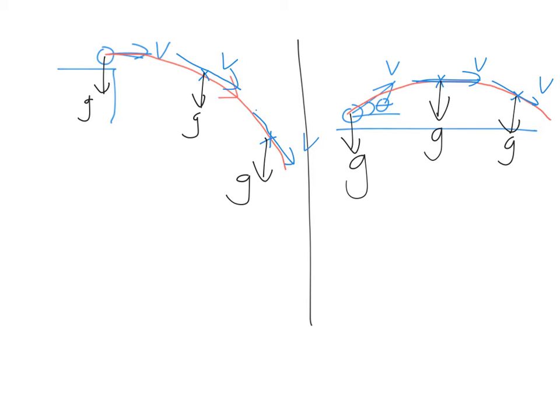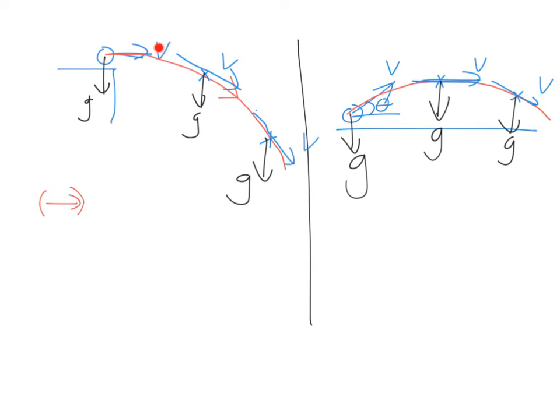For example, let's look at the first case here first, which is this side. When the object is traveling through the air and we want to solve horizontally, let's take to the right as positive. Now, are there any forces acting horizontally on the ball? The moment we give it an initial speed, we don't call it a force because we're looking at the speed.